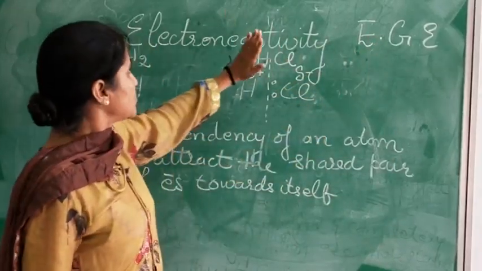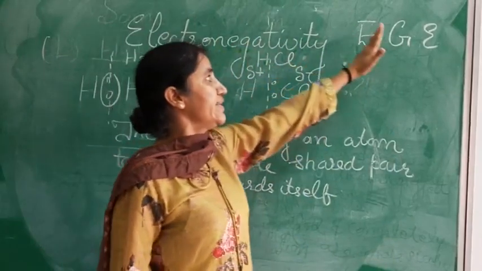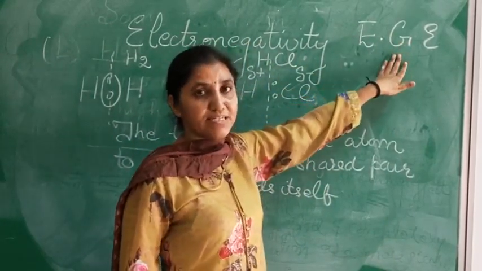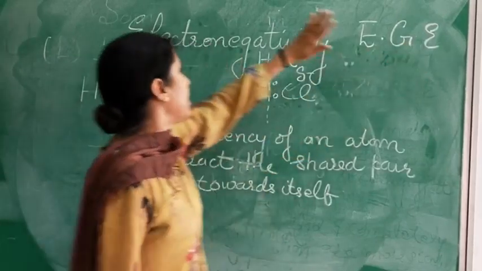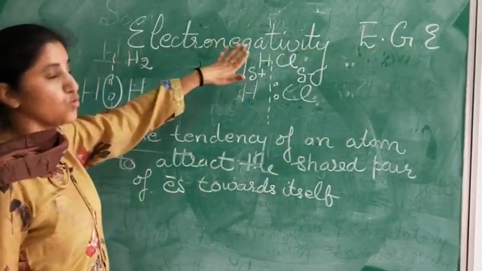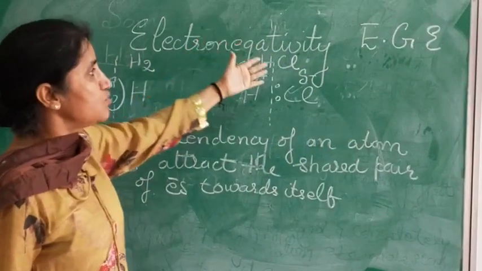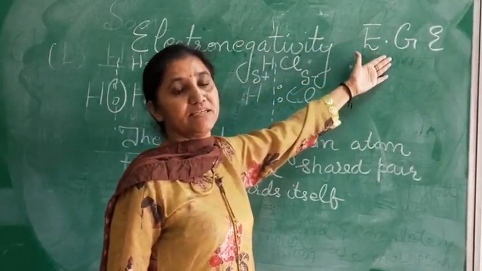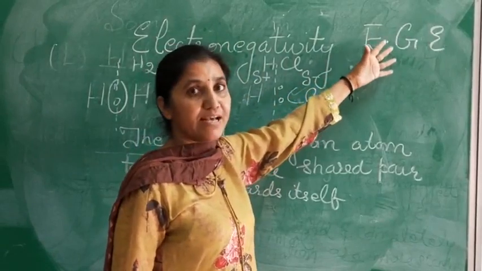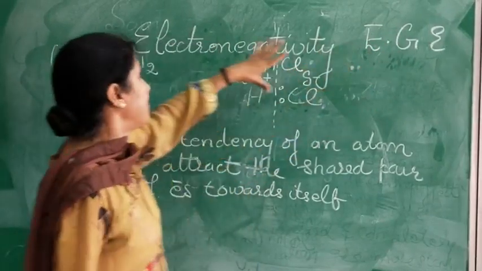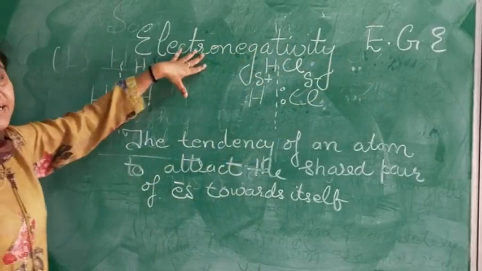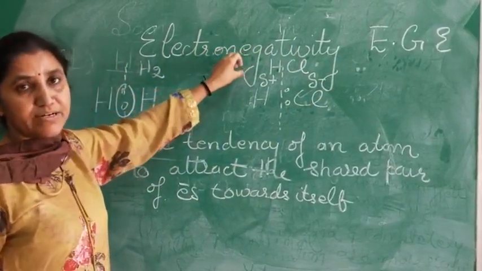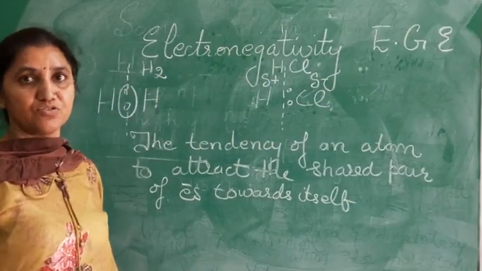Another difference is that electron gain enthalpy has the unit kilojoule per mole, but electronegativity has no unit. And third, you can differentiate it: electron gain enthalpy is the property of an isolated gaseous atom, but electronegativity is the tendency of a bonded atom to attract the shared pair of electrons towards itself.